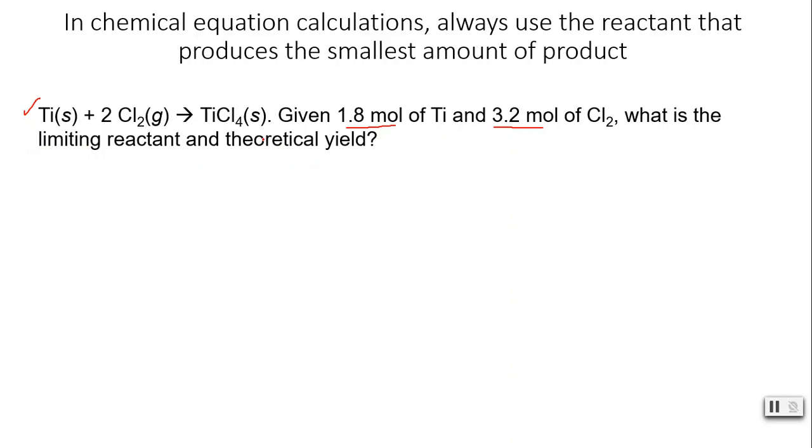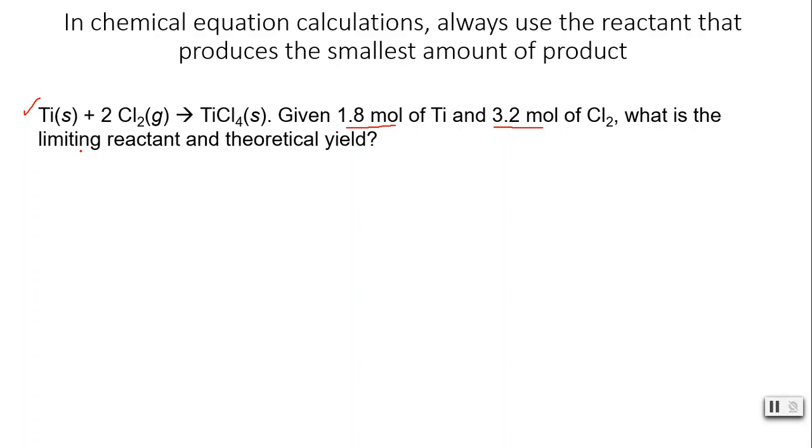So by definition, the limiting reactant is the one that produces the smallest amount of product. Whatever that smallest amount of product is, that is called the theoretical yield.